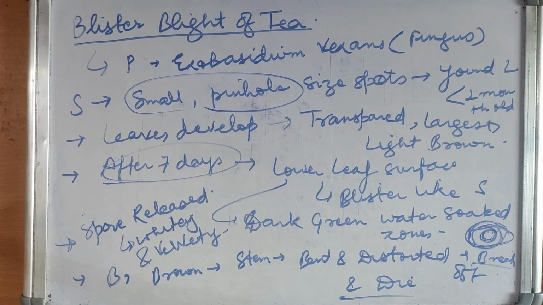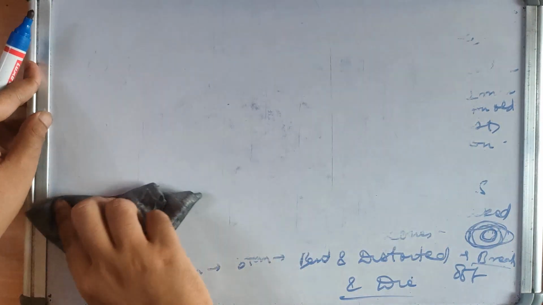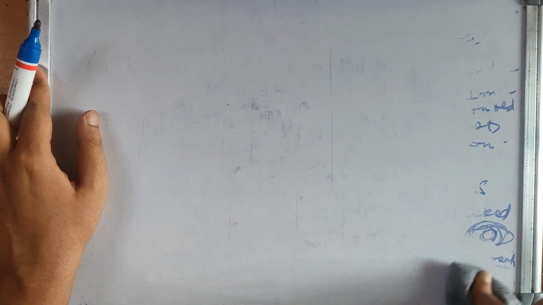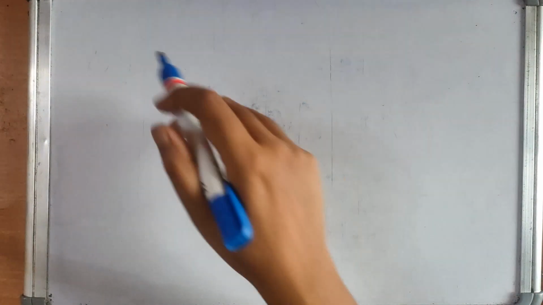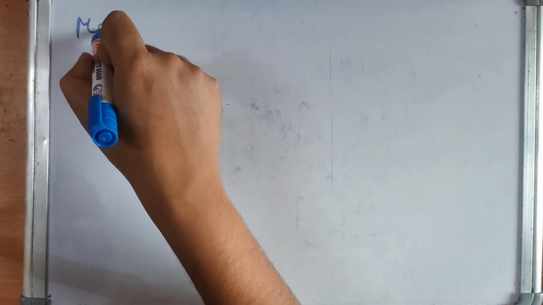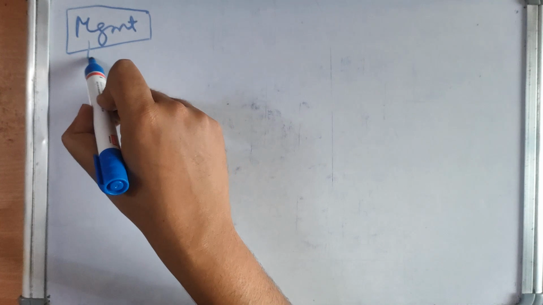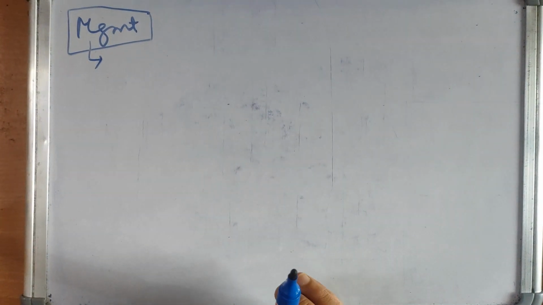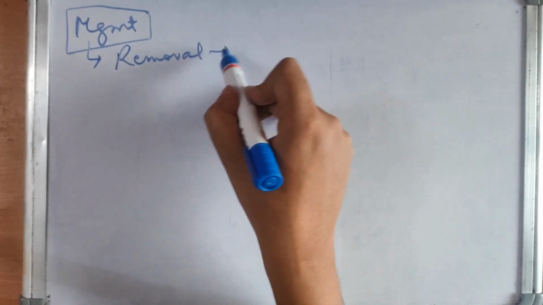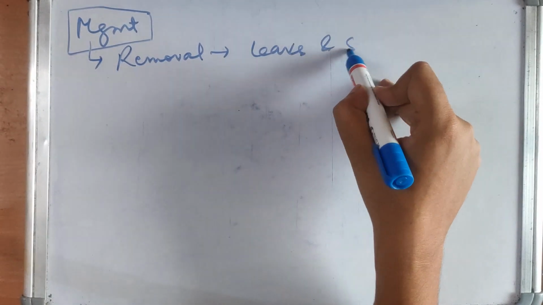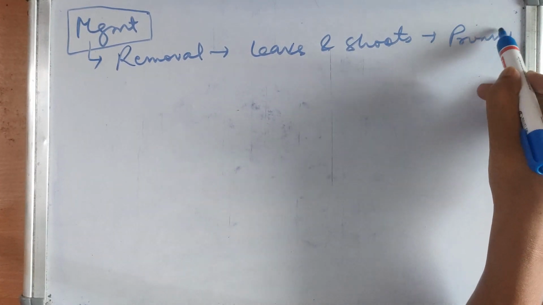Now moving on, what is its management? Removal of affected leaves and shoots by pruning and their destruction.